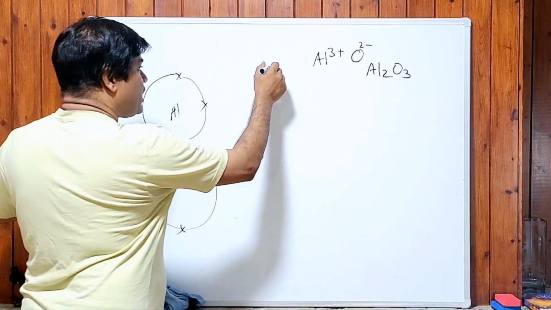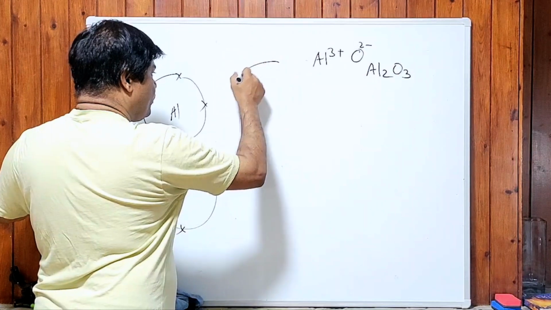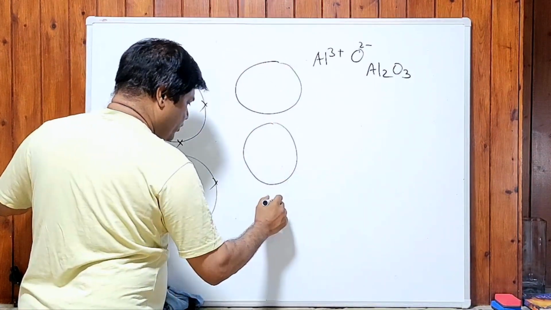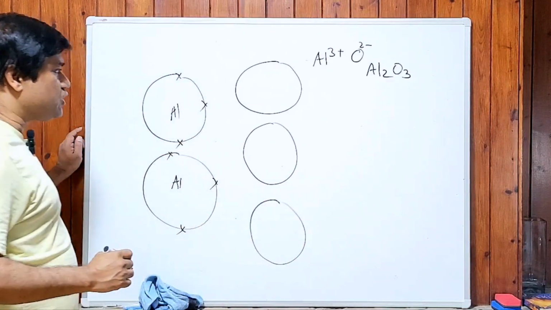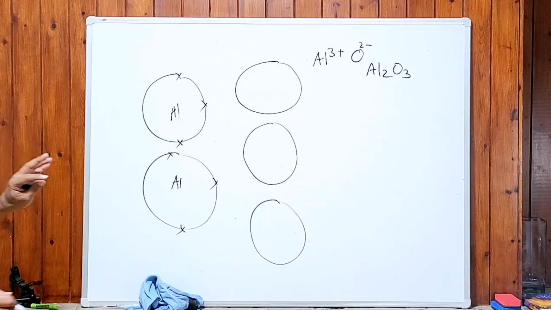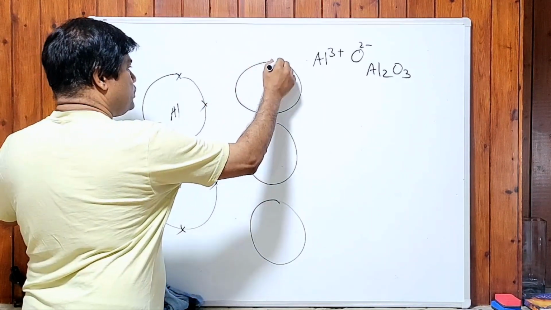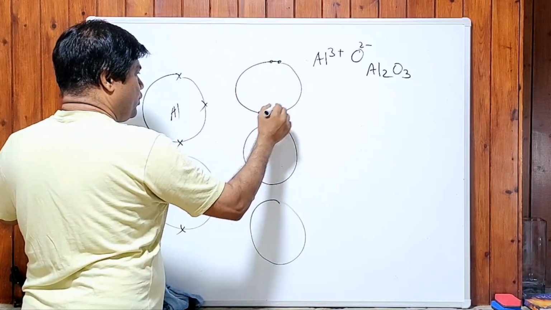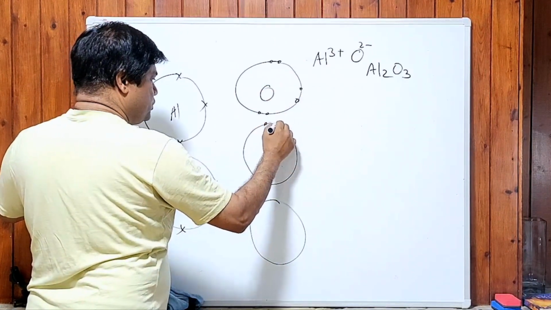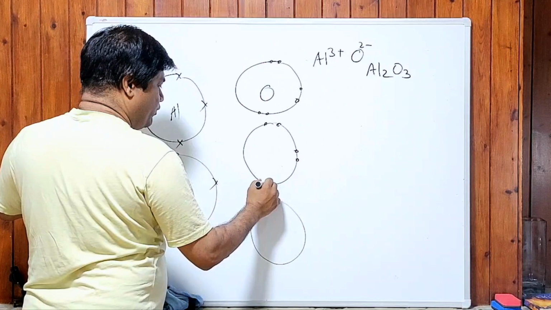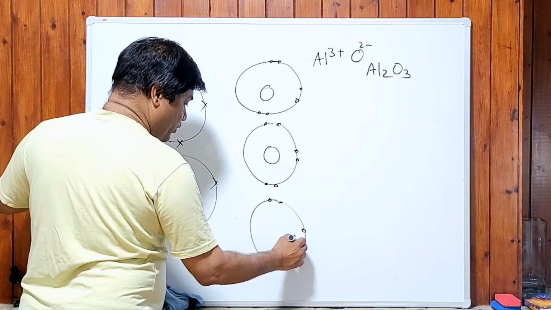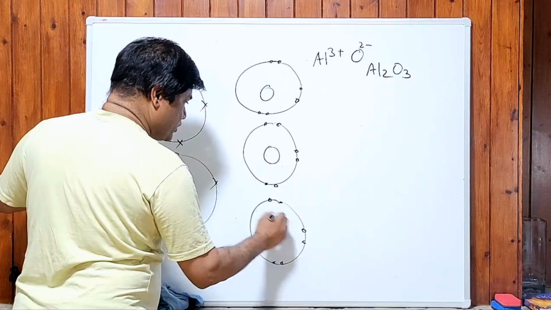How many oxygen atoms do we need? 3. How many electrons are there in the outer shell of an oxygen atom? 6. So 6 electrons for each oxygen.